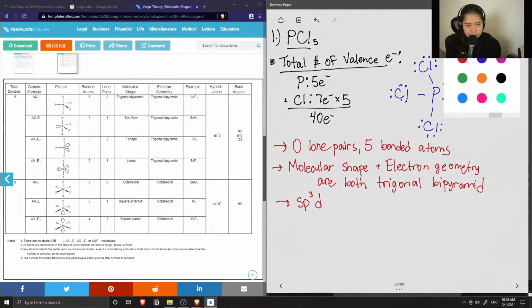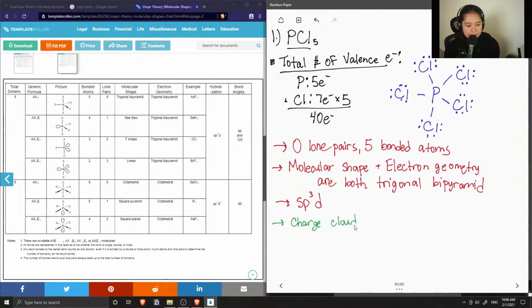Okay, so there's another method that we can use to find out the hybridization. So one is to count how many charge clouds the central atom has. Okay, so I'll define what a charge cloud is, but basically it's either a lone pair or a bonded atom.